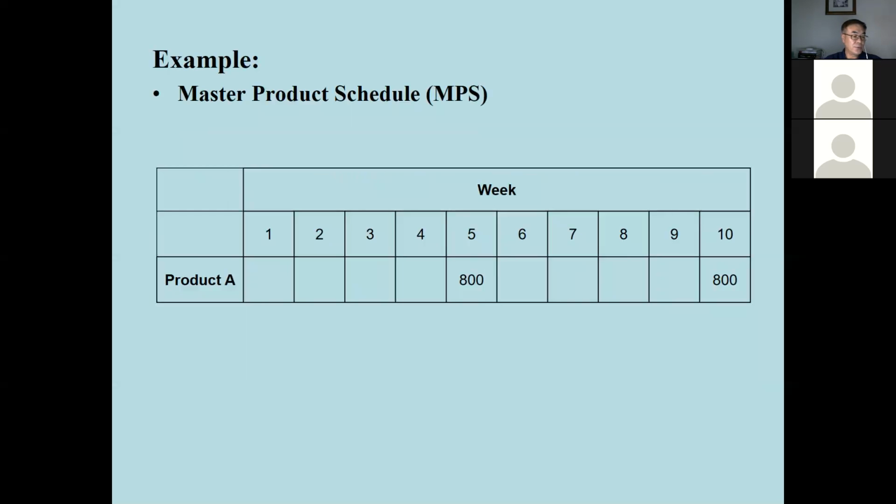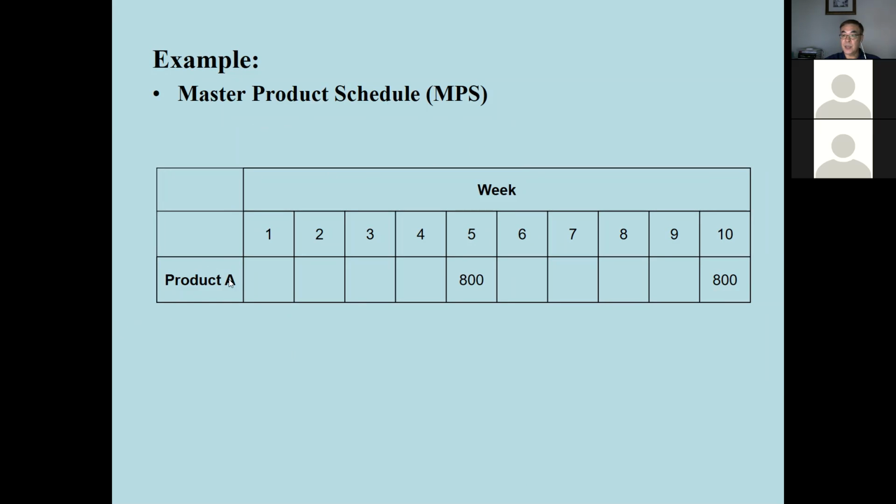Okay, example. You know, this one will be a question on quiz number 4. So listen carefully. Example: first, the required master production schedule, MPS.